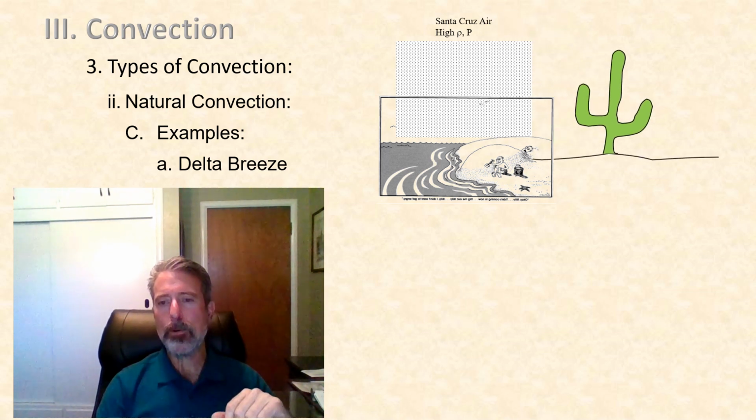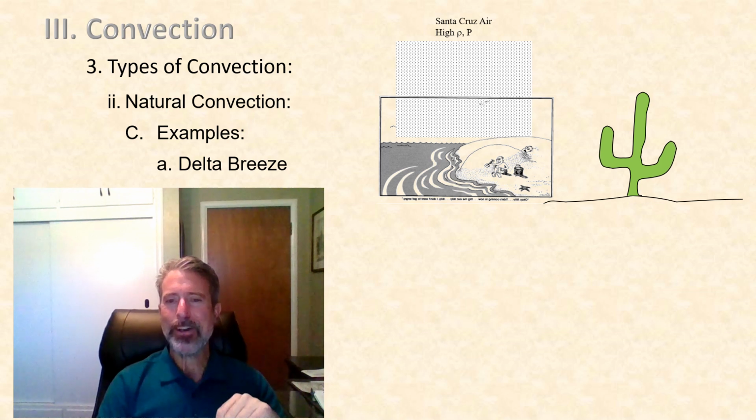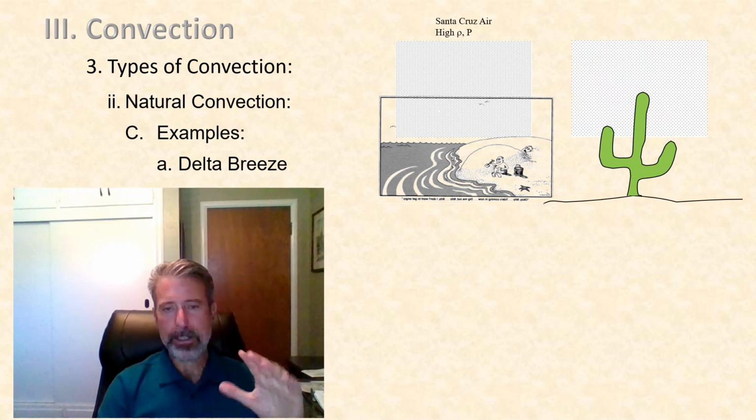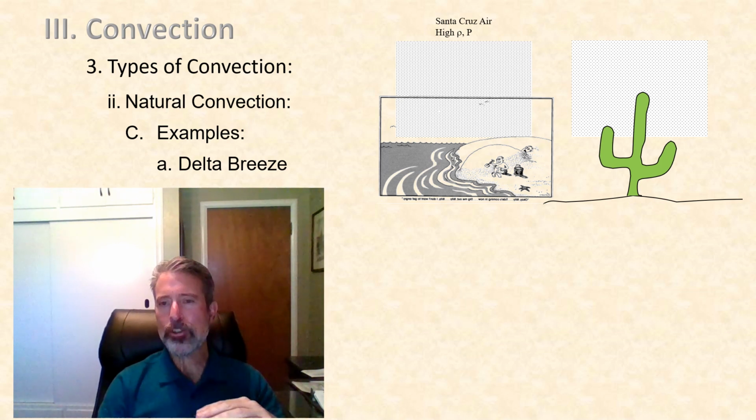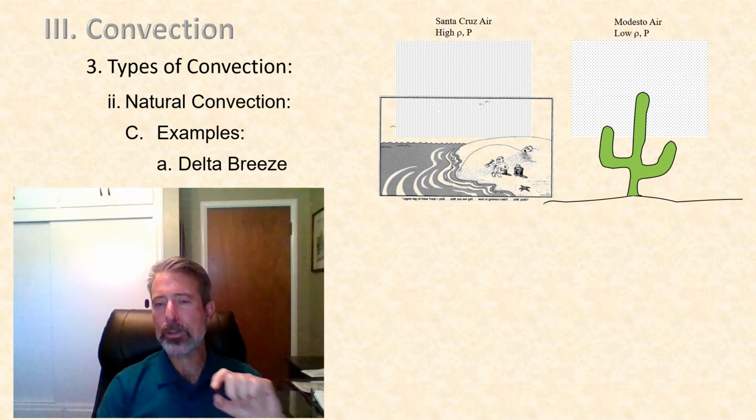So let's now come over here to Modesto, inland, where we have the sun beating down on the land. Much higher air temperature means that the density of the air and the air pressure are going to be much lower than they would be in Santa Cruz.